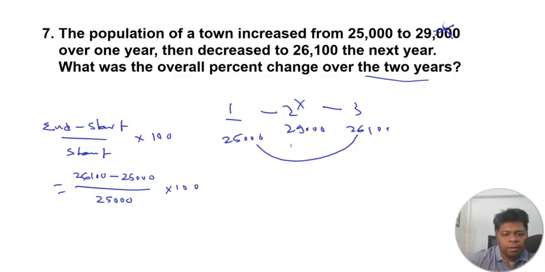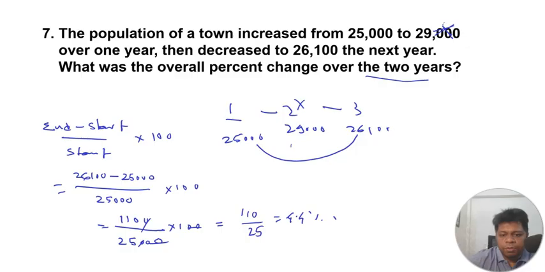Okay, and that equals 1,100 by 25,000 into 100. Over here discard both the zeros, it will become 110 by 25. Okay, and that is 4.4. So 4.4%, as it is positive, it will be an increase.